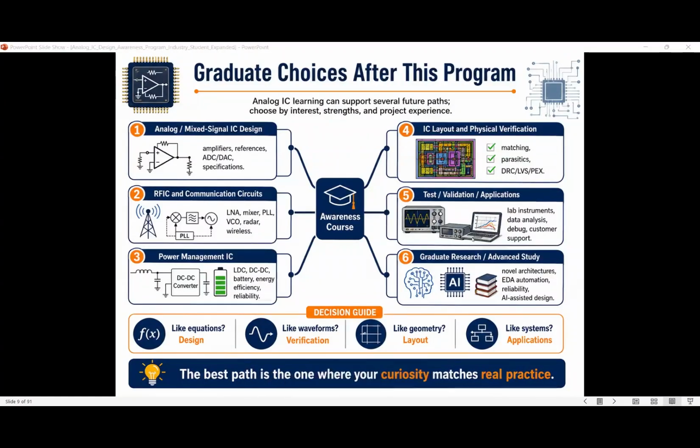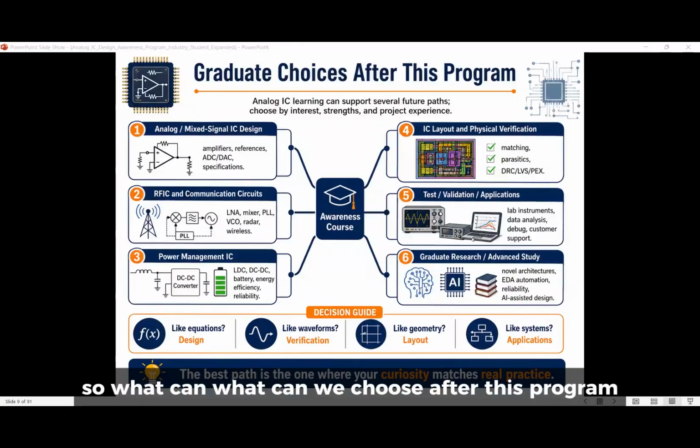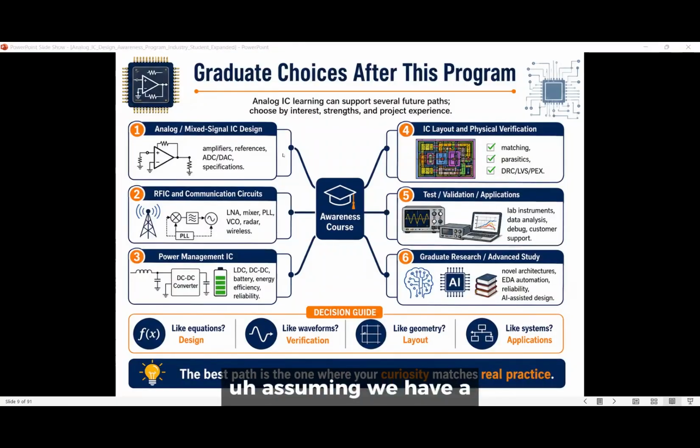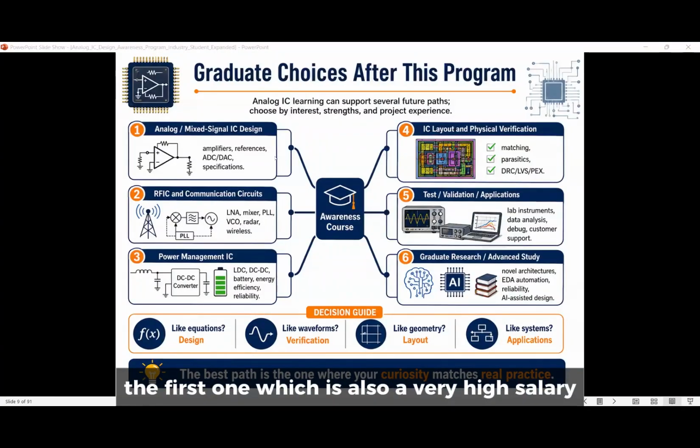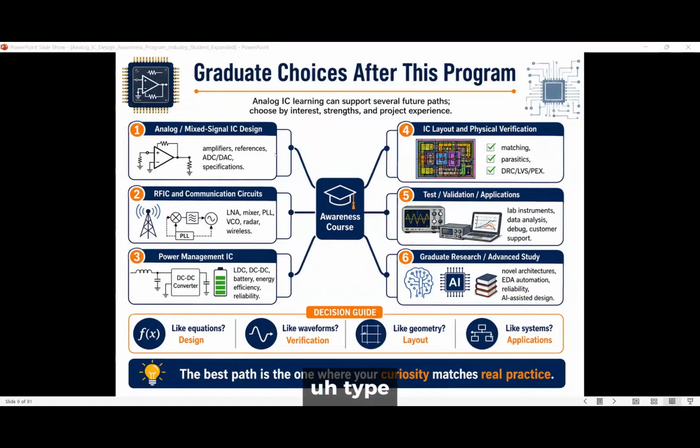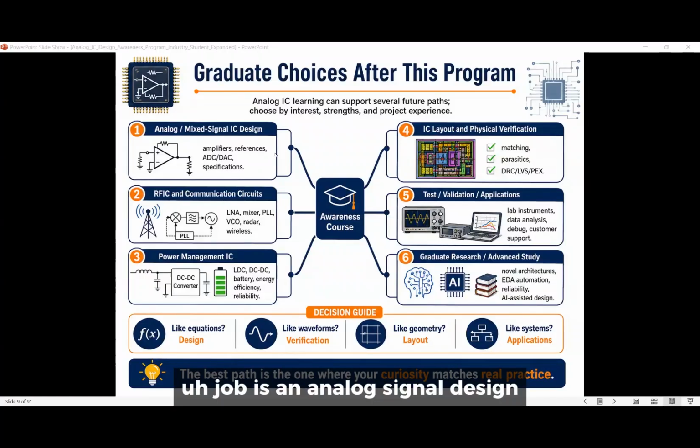So what can we choose after this program, assuming we have a higher degree? The first one, which is also a very high salary job, is analog mixed-signal design.